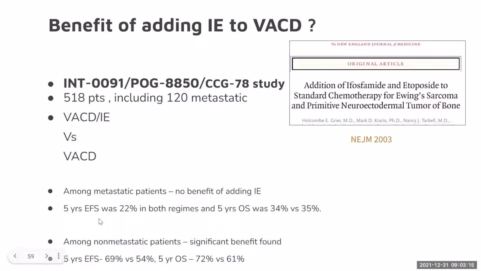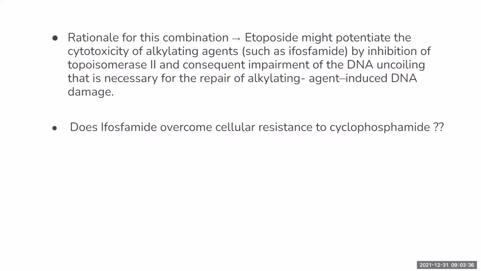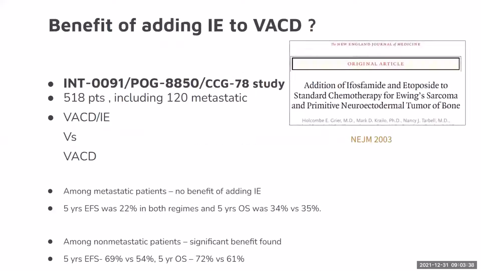The 5-year EFS was the same in both arms, around 22%, and the 5-year OS was the same, around 35%, in both the arms. But in the non-metastatic subgroup, a significant benefit was found: the 5-year EFS increased from 54% to 69%, a 15% benefit by adding the 2 drugs, ifosfamide and etoposide. So this becomes the standard of care to combine.